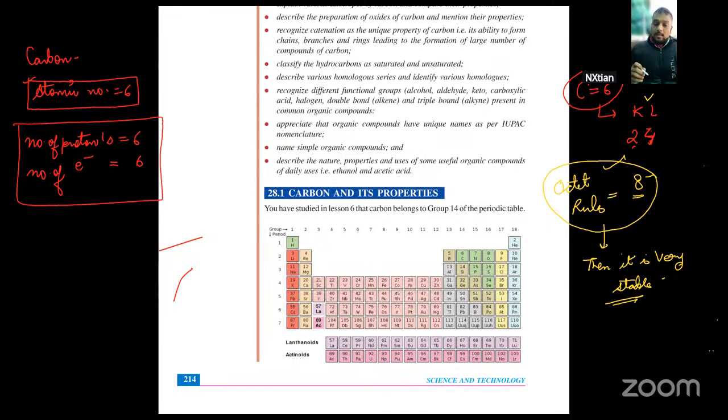So what I'm saying is that sharing of electron is when electrons are shared between two atoms, and when electron is transferred from one atom to another atom, it is called transfer of electron. Now in the case of carbon, there are four electrons in the outermost shell. If somebody gives four electrons to it, then it is getting negativity from outside because electrons are negatively charged, and it becomes an anion. So for example, the four electrons somebody gave, then it becomes 2, 8.